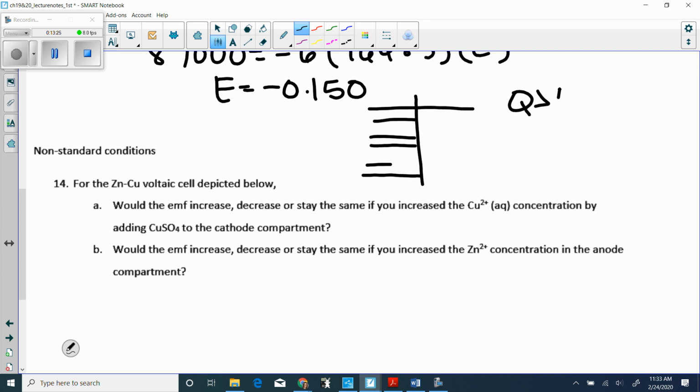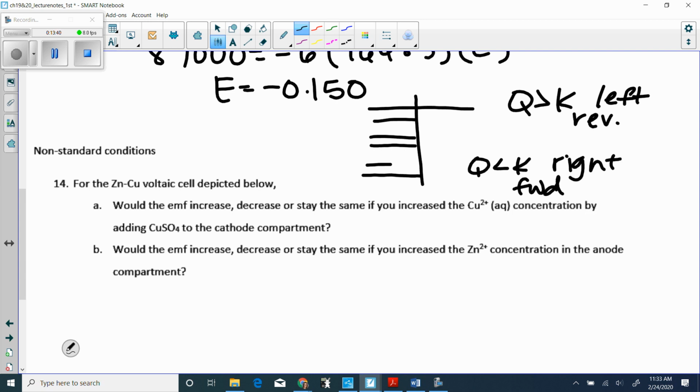If Q is greater than K, remember it has to go left, right? It goes to the reverse reaction. If Q is less than K, it has to go right, so we have to do a forward reaction. The forward reaction in a voltaic cell produces electricity.